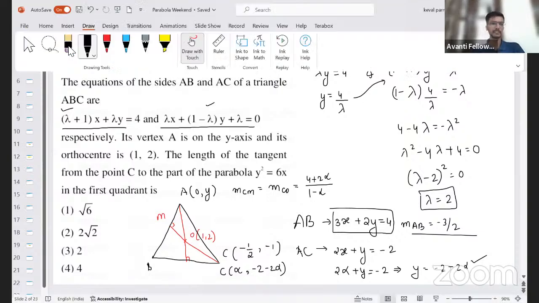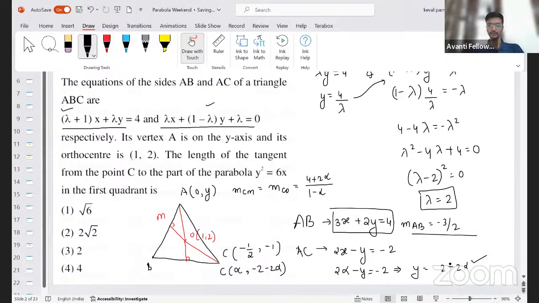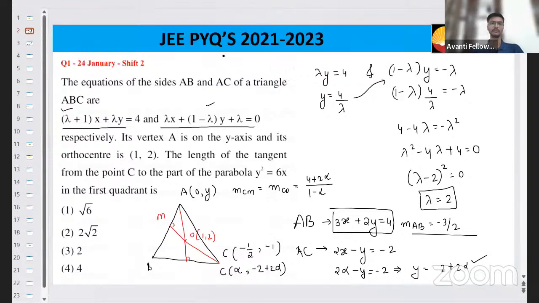Oh, we made a mistake here. It should be 2x minus y, because lambda is 2 and 1 minus lambda means 1 minus 2, minus 1. So plus lambda equals minus 2. So 2x, 2 alpha minus y. So y will be 2 plus 2 alpha. Yes, here also it's a mistake, it should be 2 plus 2 alpha.